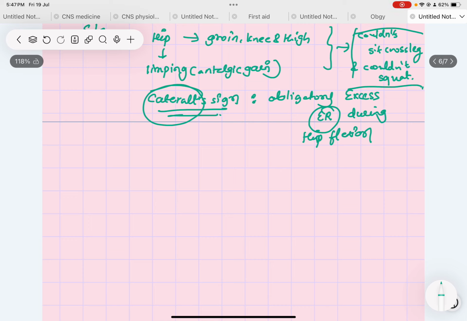Now in X-ray we can see there will be osteonecrosis, and we have seen the mechanism. And Perthes is the most common cause of osteochondritis.